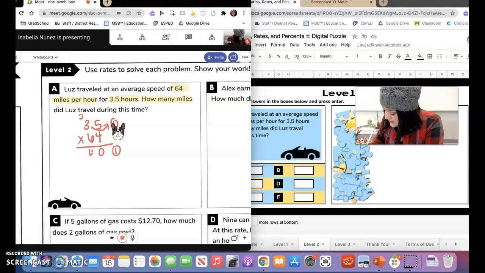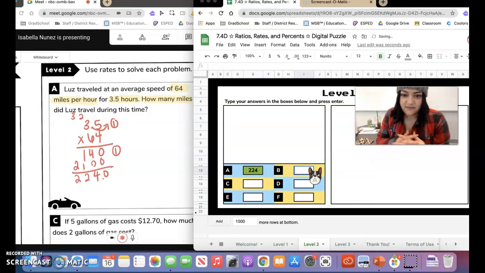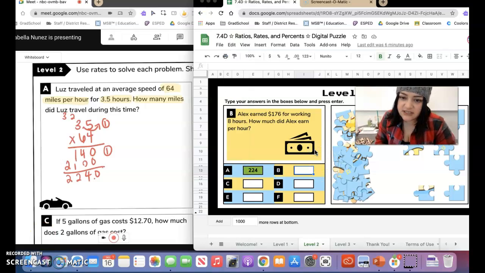That's 14. 5 times 6 is 30. 18, 19, 20, 21. 224. Let's pop that into the answer key. And there you go. So not all of them are going to be proportions.